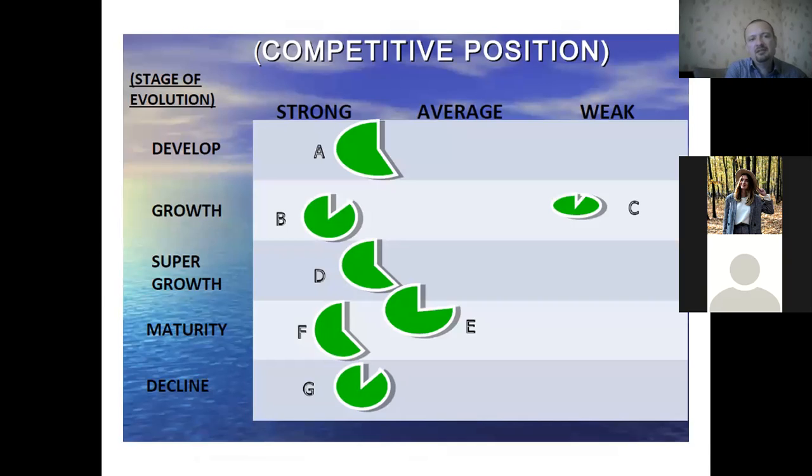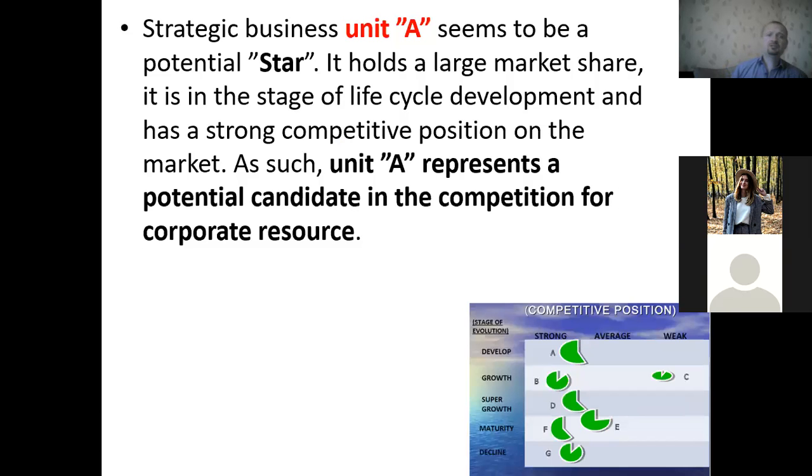So our company in this picture has 7 strategical business units, and we have placed all these strategical business units in this matrix, and then we are describing the position of every strategical business unit for the future. And here is a short explanation for every strategical business unit.